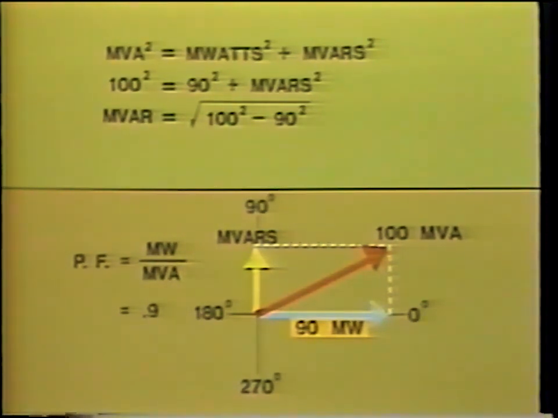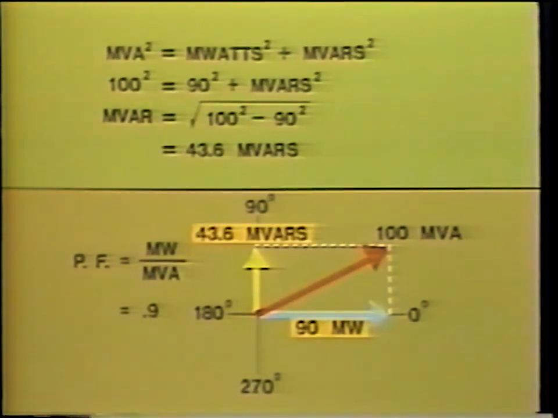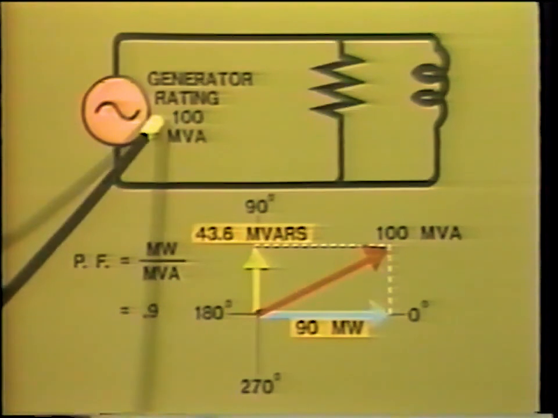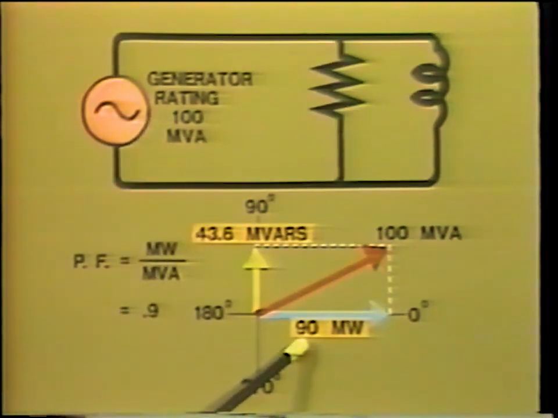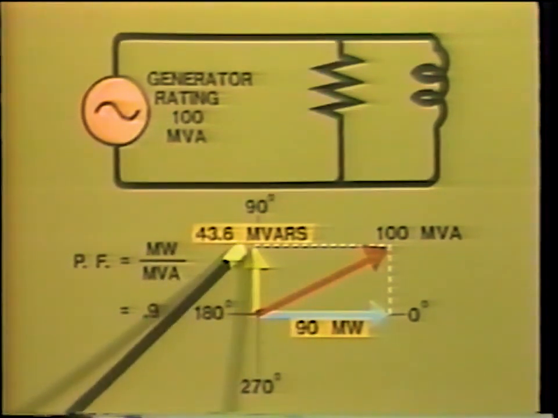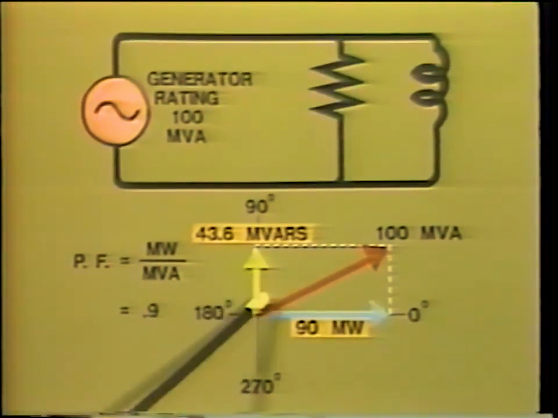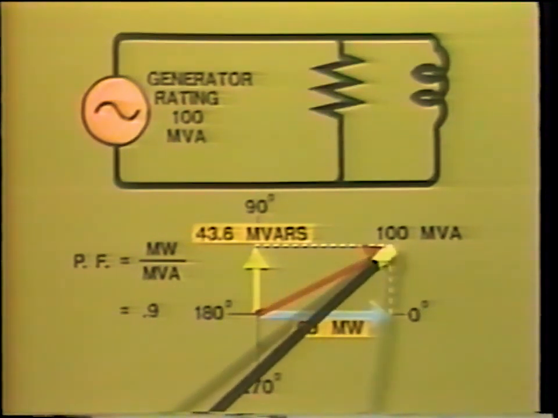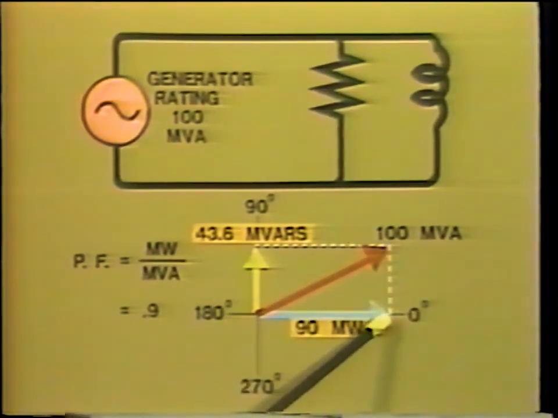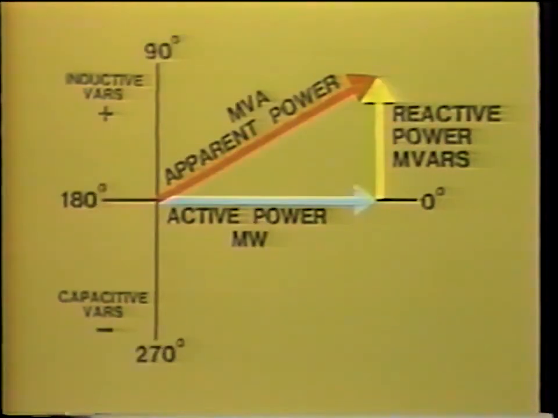If you work this out, it comes to 43.6 megavars. The machine can only generate 90 megawatts in addition to the required megavars. You can see that megavar production makes it necessary to build machines larger than would be necessary if no vars were required. To recap, let's look at the power triangle.